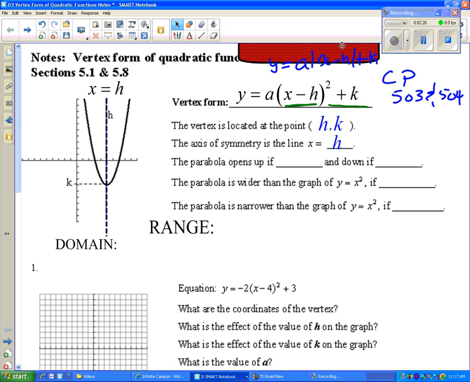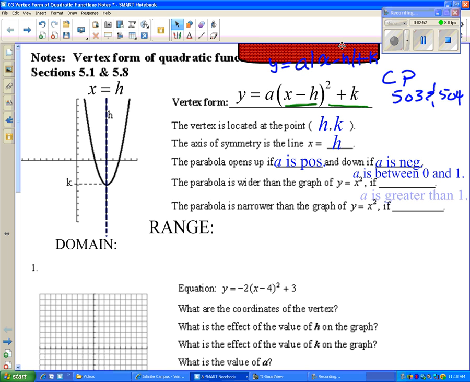The parabola opens up if, just like on absolute value, a is positive, and it opens down if a is negative. The parabola is wider than the graph of y equals x squared if a is between 0 and 1, and it is more narrow if a is greater than 1.